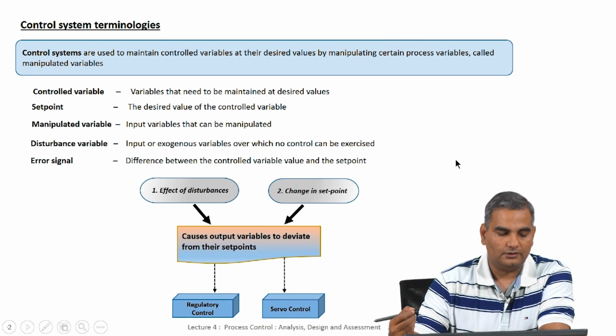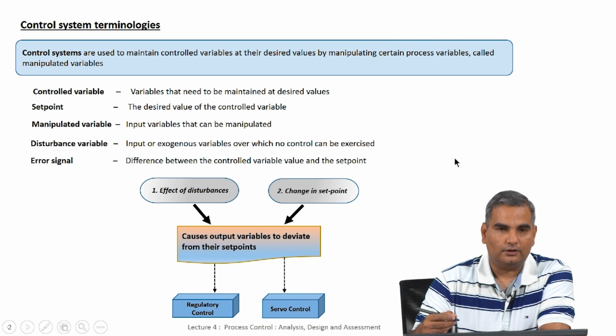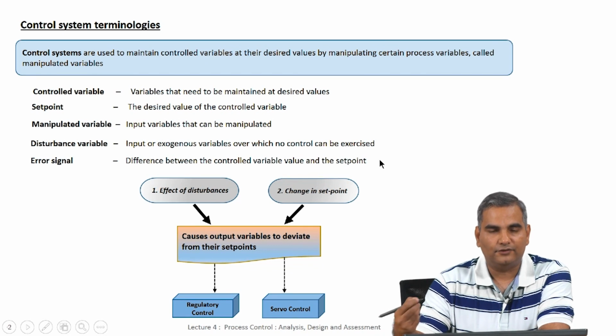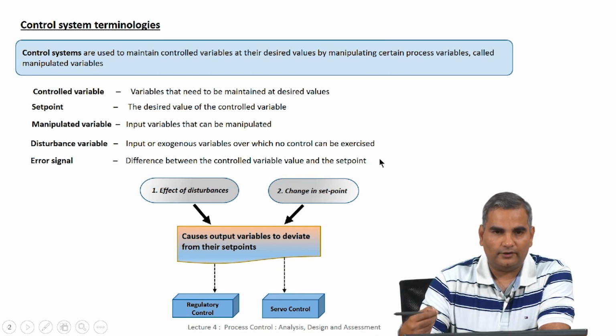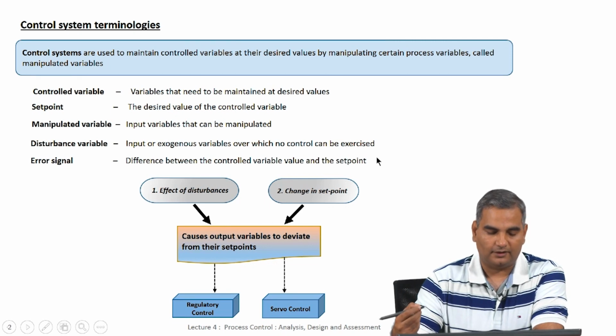So, you cannot change those variables. What you need to do is control your control variable at its set point even when you have these disturbances acting. And error signal is the difference between the actual control variable value and the set point. So, whatever you want the control variable to take and how far away from it you are is what is given by the error signal.